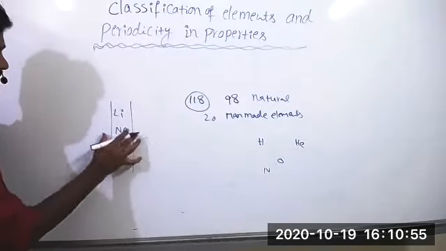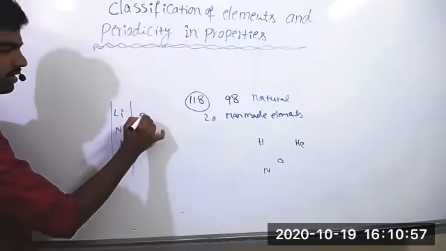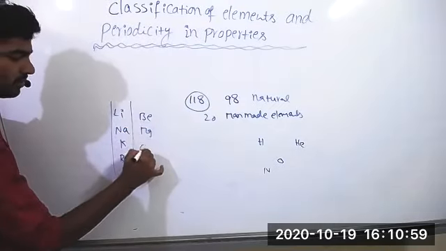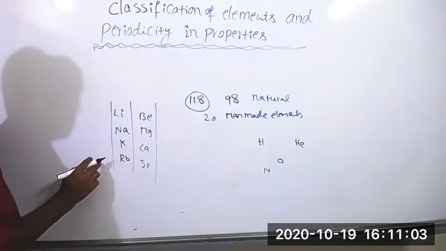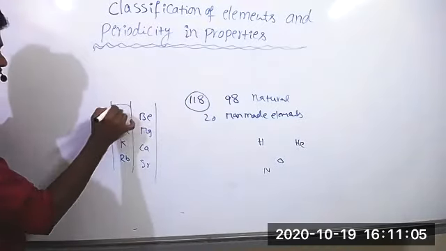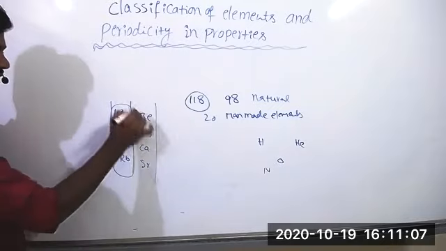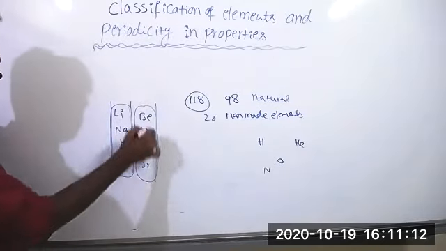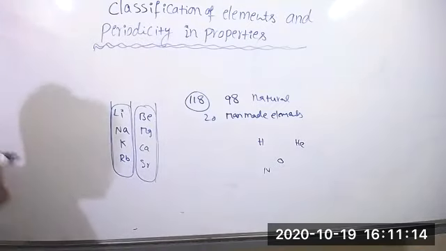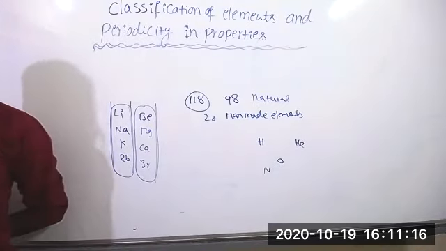That's why these elements are present in one group. And beryllium, magnesium, calcium, strontium, this group of elements has different properties. So elements with similar properties are grouped together, and elements with other similar properties are placed in another group. That is called the periodic table.